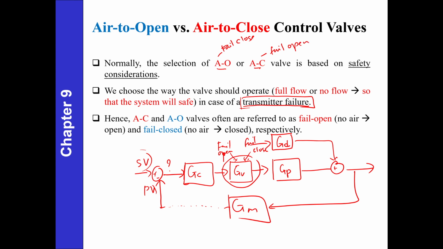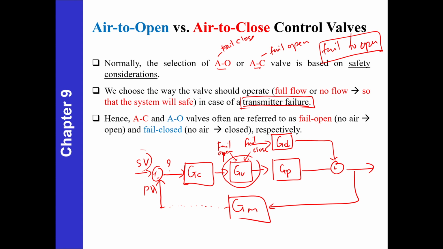Later on we will see an example. Based on safety for the system, it should be fail open or fail close, not fail to open. Fail to open is something else, broken actually.